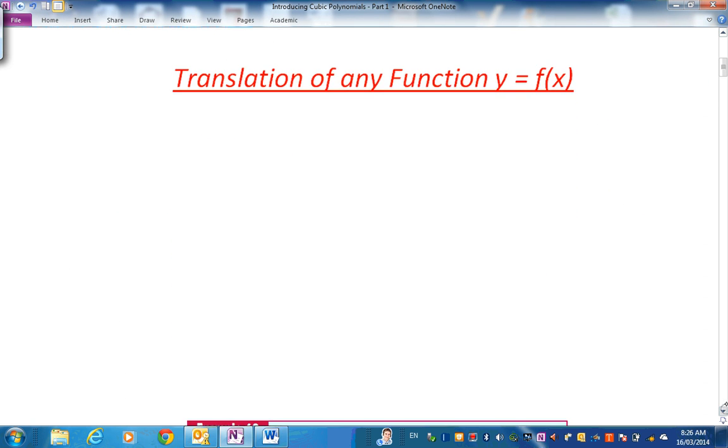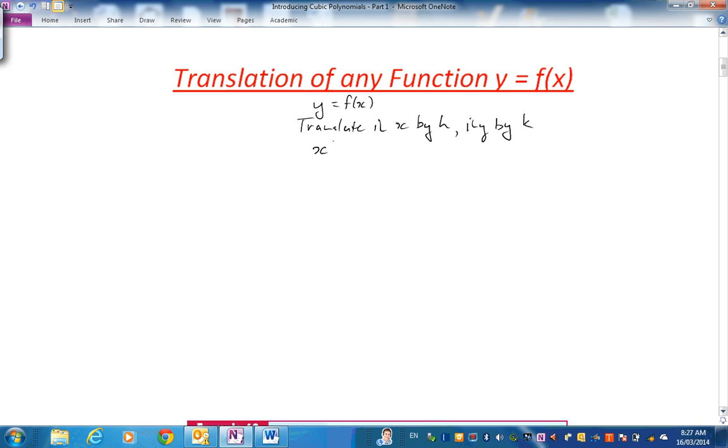Here we are, the translation of any function, y equals f of x. Let's take y equals f of x. And let's translate it, let's say, in the x direction by h, and in y by k, let's say. Okay, what are the transformation equations?